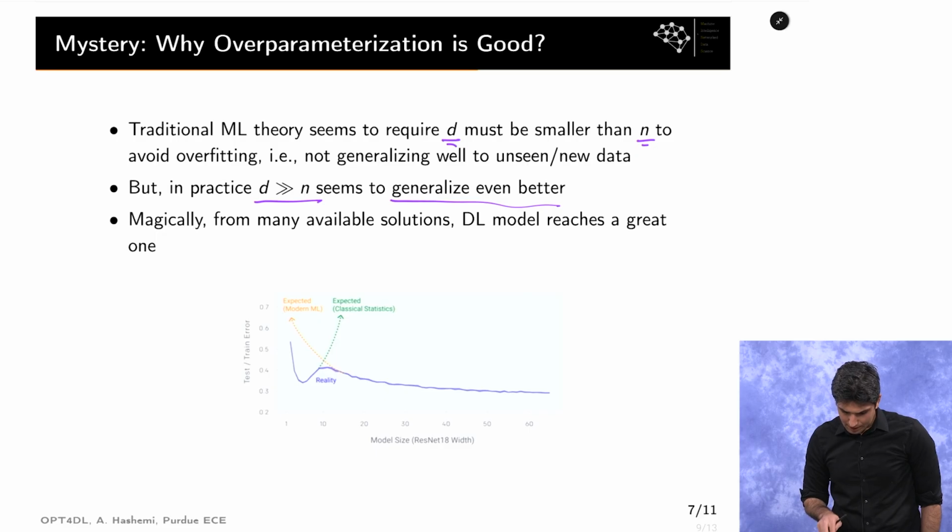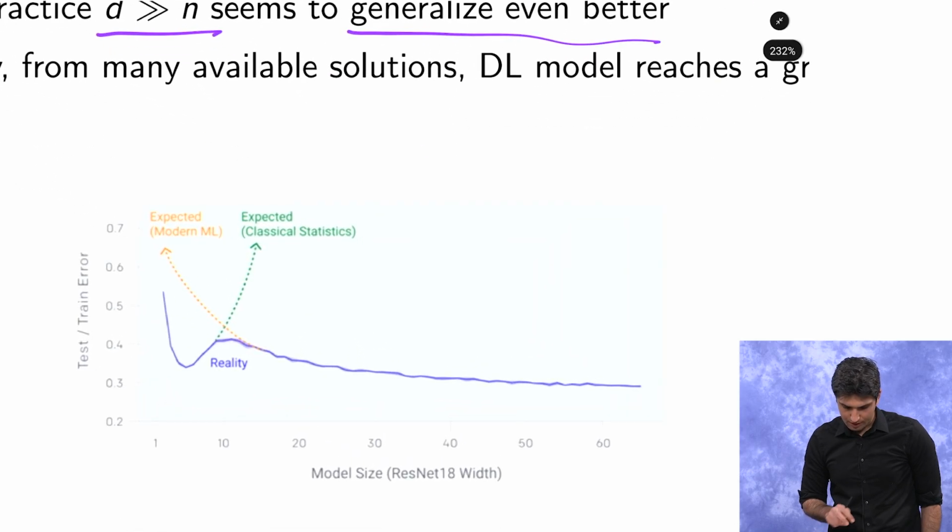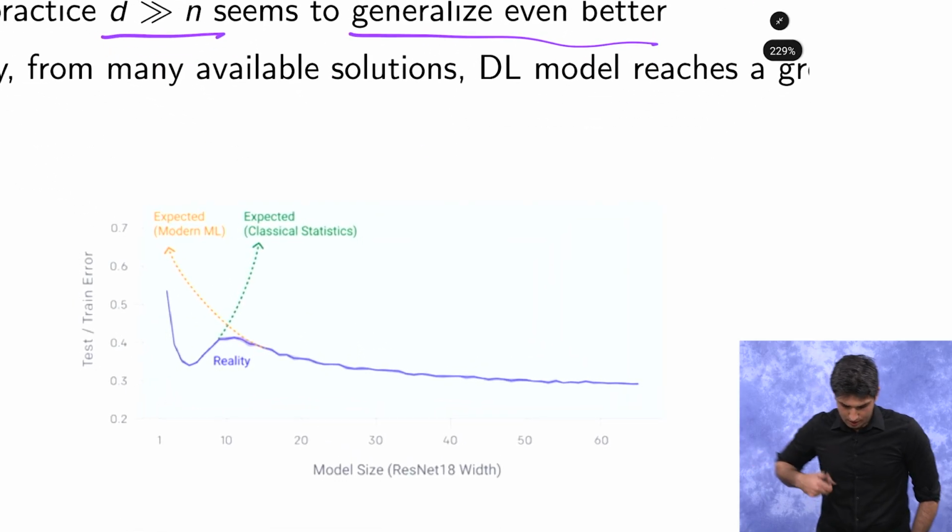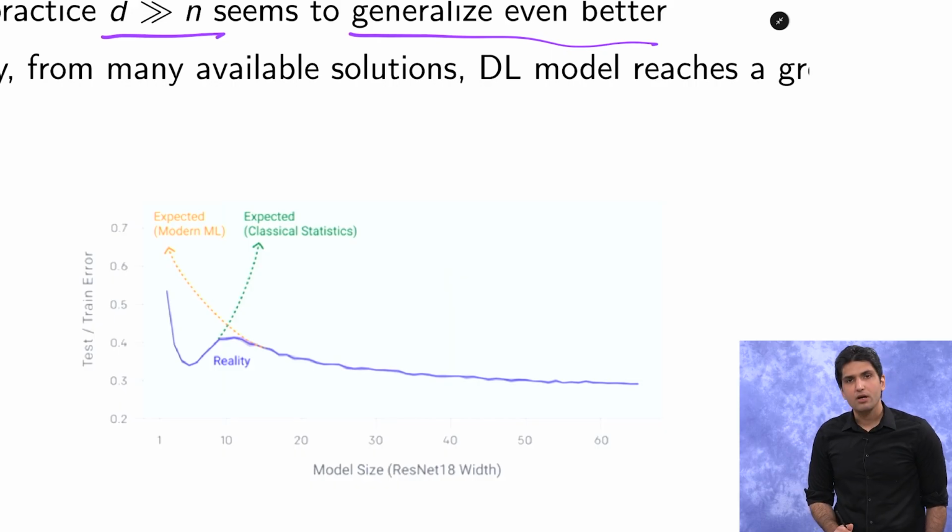This is a figure that depicts this phenomenon, and we're going to get back to it later in the course. Here we can see what we expect from the traditional machine learning model.